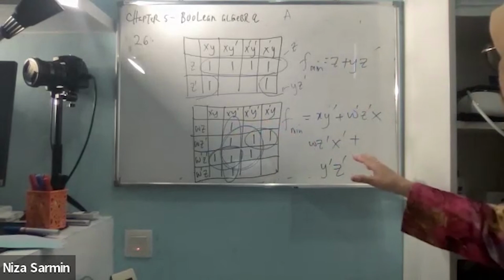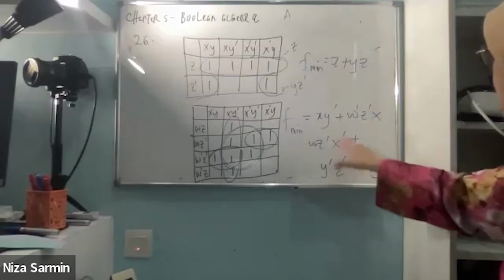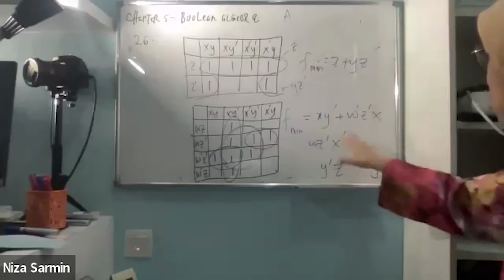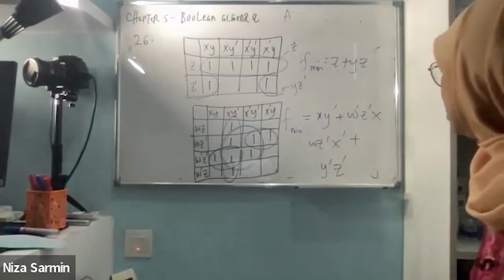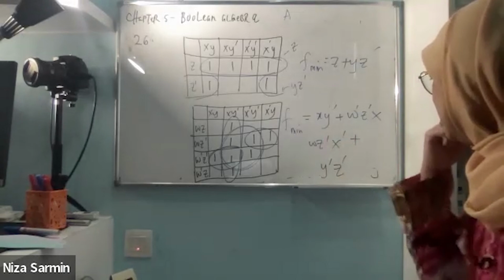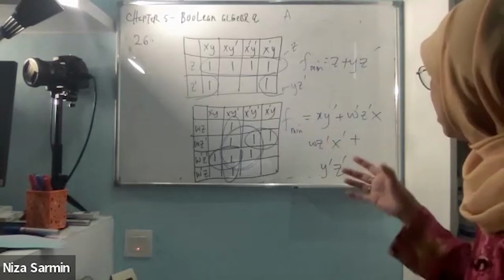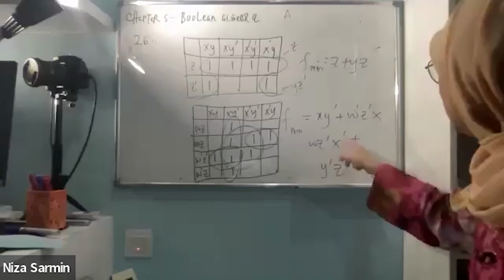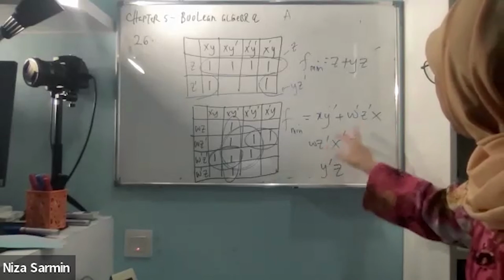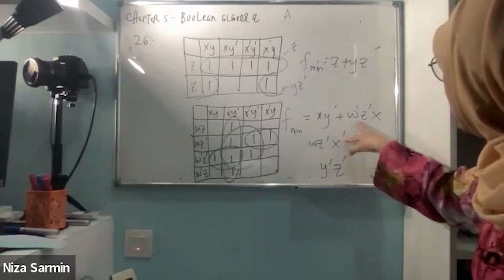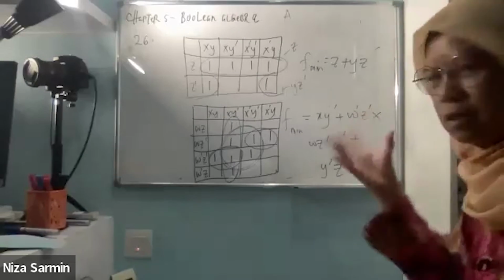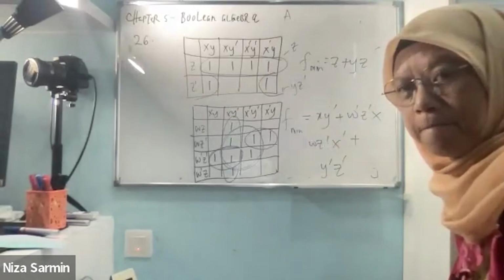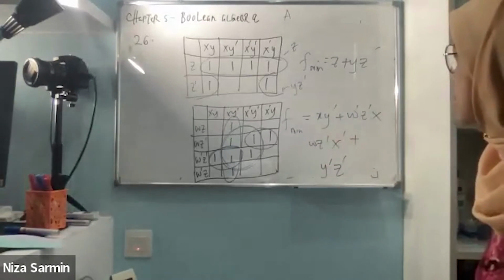You can see if you can combine again, meaning there's something that you don't cover. Even if you want to add this one, just take out Z prime, there's nothing that you can simplify. So this is your minimum.